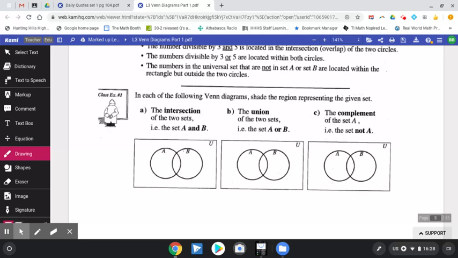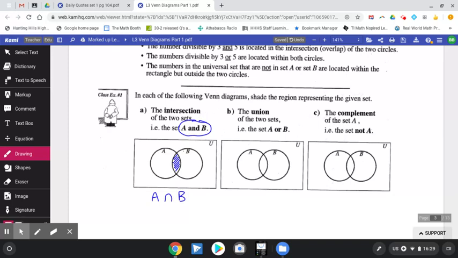So in A, it says the intersection of two sets, which could also be called set A and B. They've given it here with words, but let's write it down below with symbols. We need to know both. So A and B would be A intersection B. And let's shade in the overlap region. That's where we would put an element if it belonged to A and B.